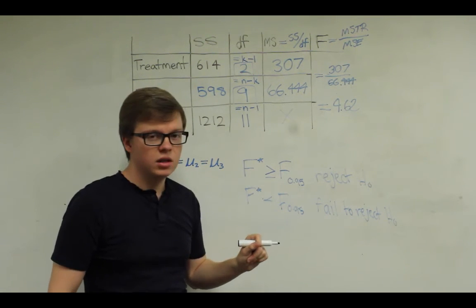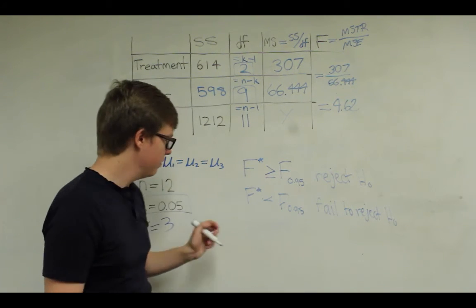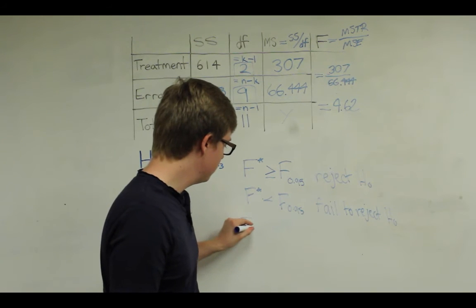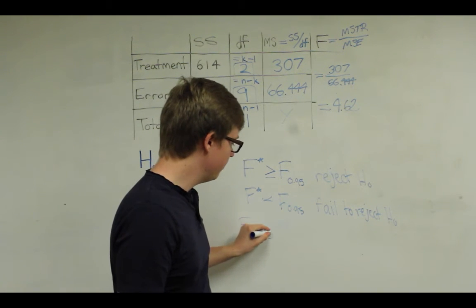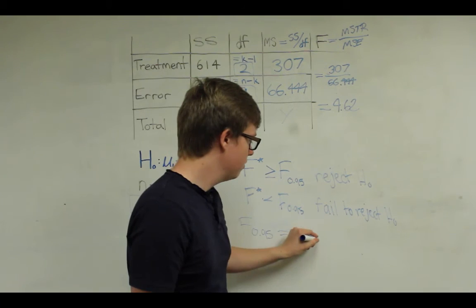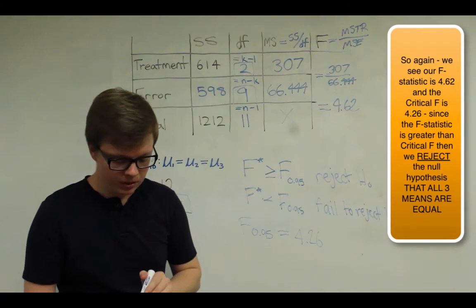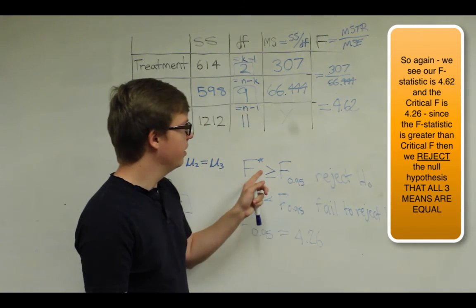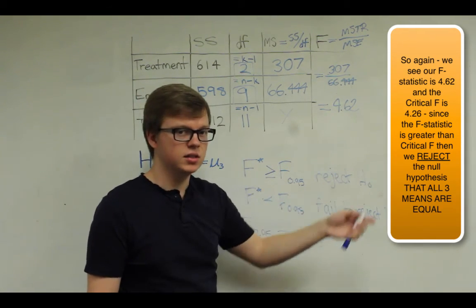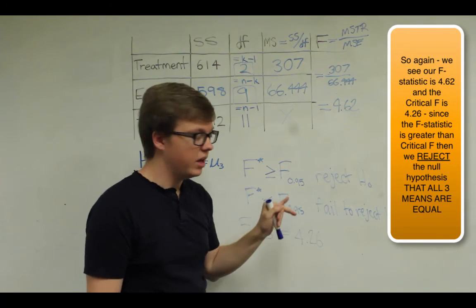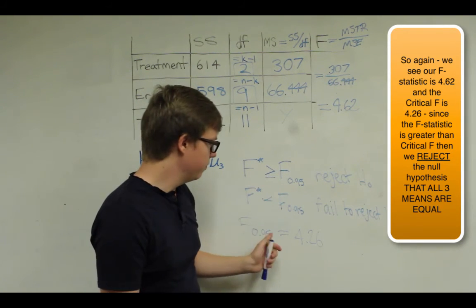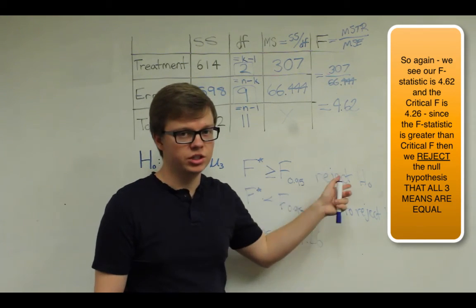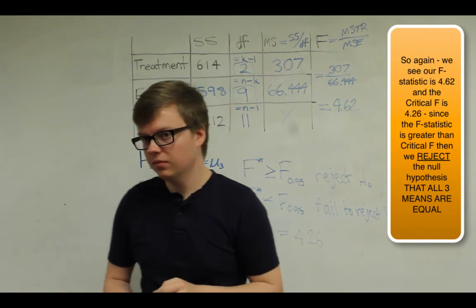If you use all those things on the 5% F table, then you'll get that your critical value is 4.26. So then we can finally make a decision about this test. We found that our F star, or our test statistic, is 4.62, and that is greater than 4.26, our critical value. So based on this rule, we would reject the null hypothesis.